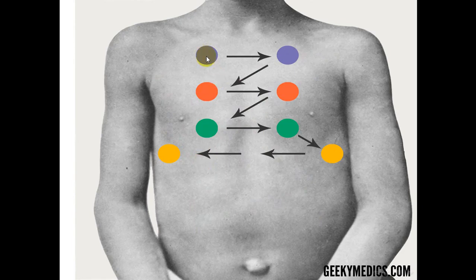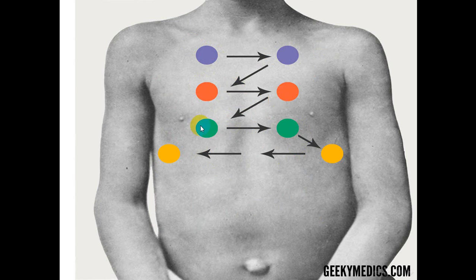In this way, start from the clavicle, then go down and to the other clavicle, and just down to the other area. Or from this area, return back to the right side and left.